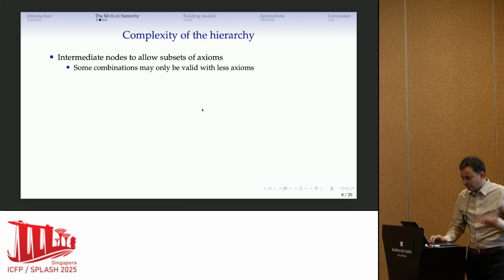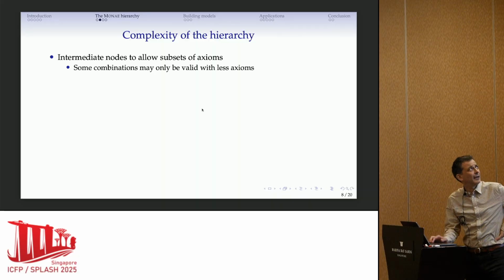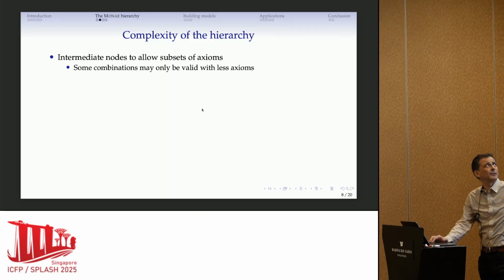So why is the hierarchy so complex? Well, one reason is that we need all these intermediate nodes to allow subsets of axioms. As I said, some combinations may only be valid with fewer axioms. So it's not because the concrete monad allows more axioms that you could put them in the hierarchy.